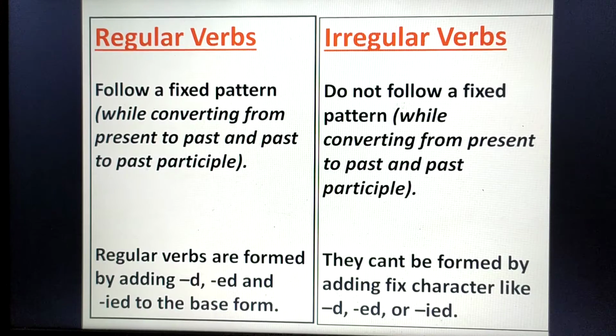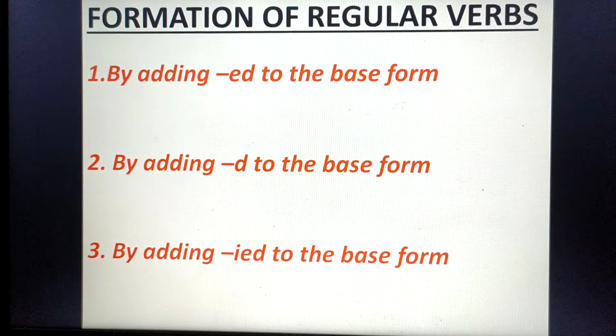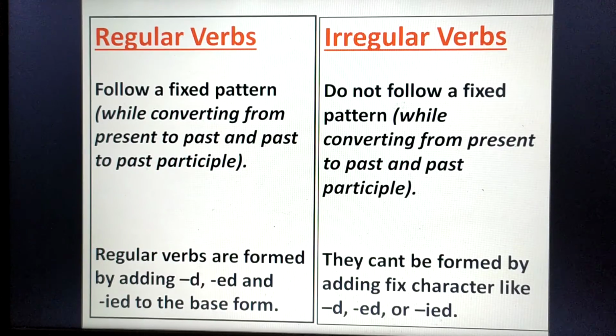They can't be formed by adding any fixed character like d, ed or ied. So in short, we can say that as irregular verbs don't follow any fixed pattern, we need to learn the forms always, right? So it was all about the difference between regular and irregular verbs.